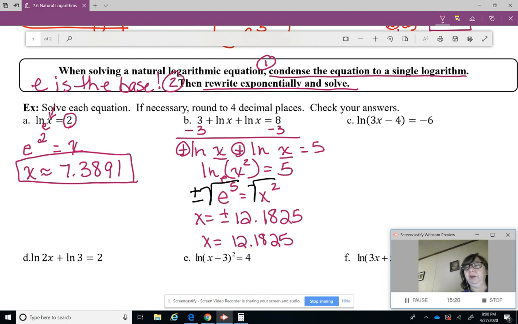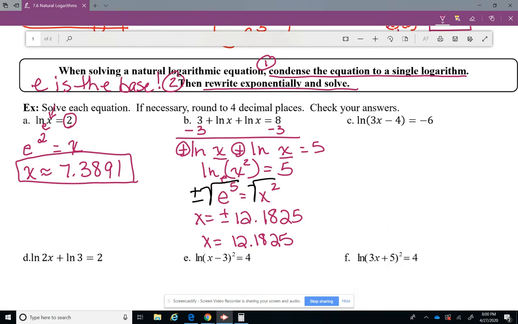Now, just so you know, just like when we were doing the logs, you can't have a negative answer here. X has got to be greater than 0. So if you're going to have a number here, it has to be greater than 0, if you're going to square it and get e to the 5th.